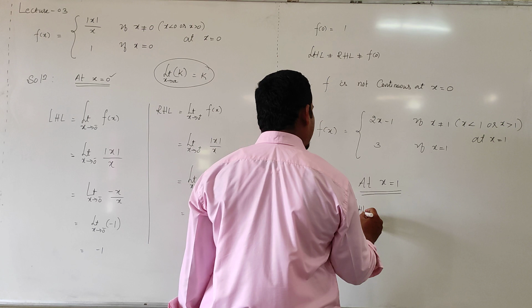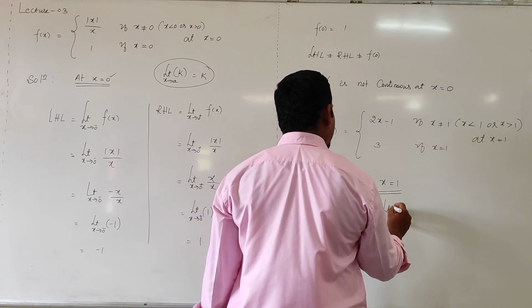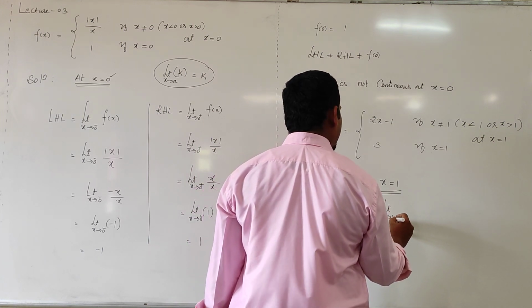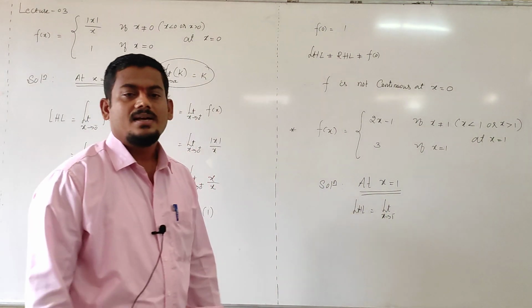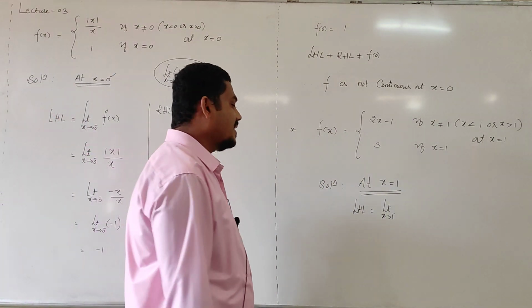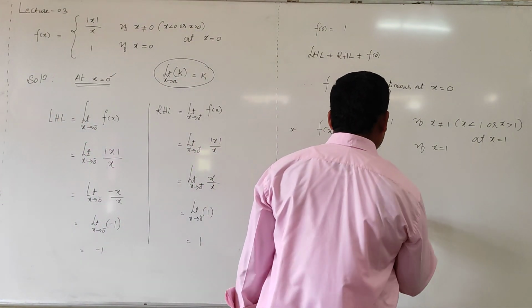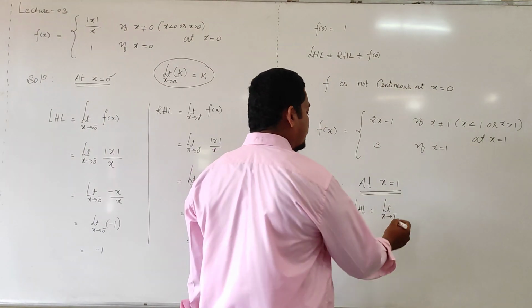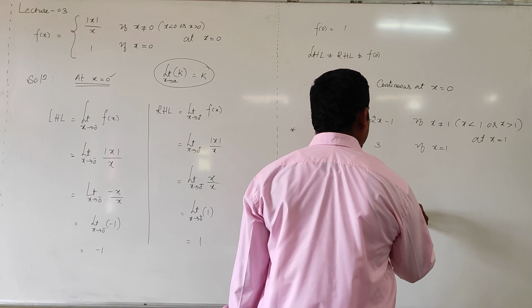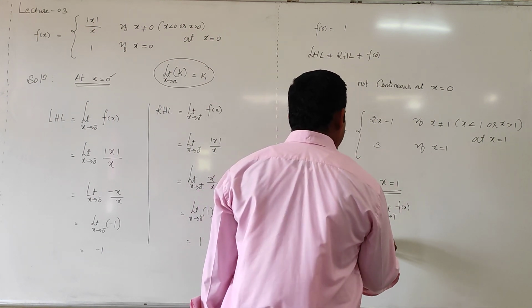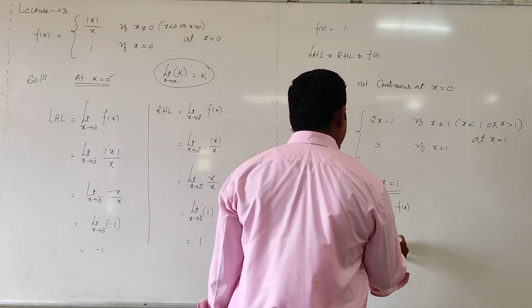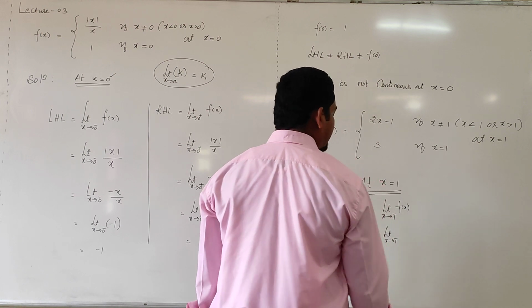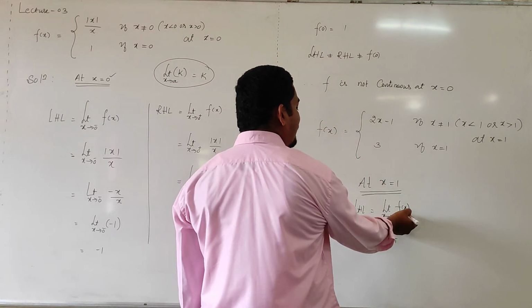Left hand limit notation at 1 is, x approaches 1 minus, f of x. That's equal to limit extending to 1 minus, what is our f of x?